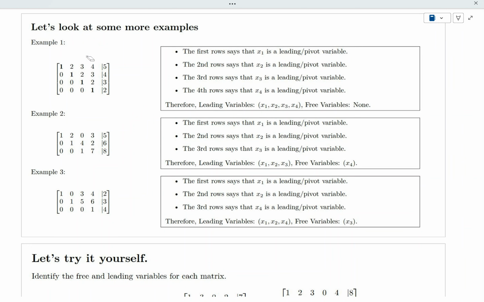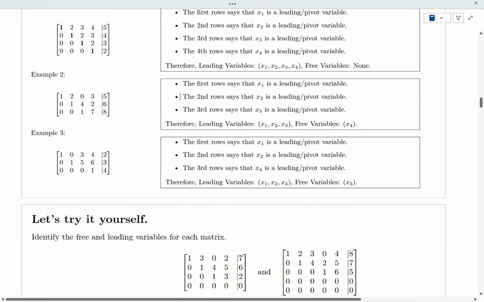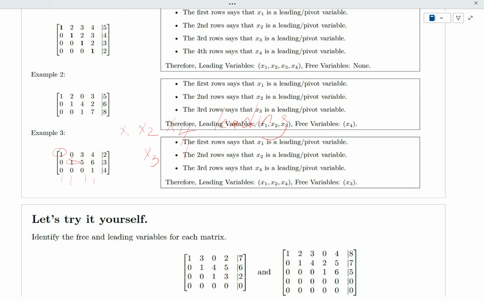Hopefully you start seeing the pattern. In this case, we have x1, x2, and this one is x4, so these are the leading. The leftover is x3, so this is the free. So that's how you identify leading and free.